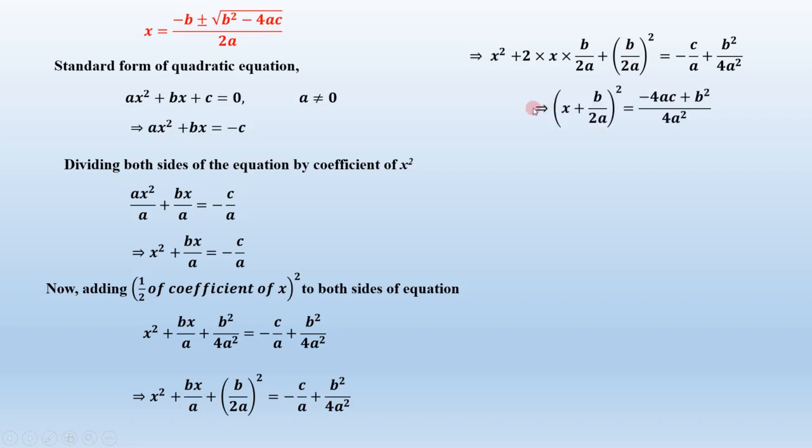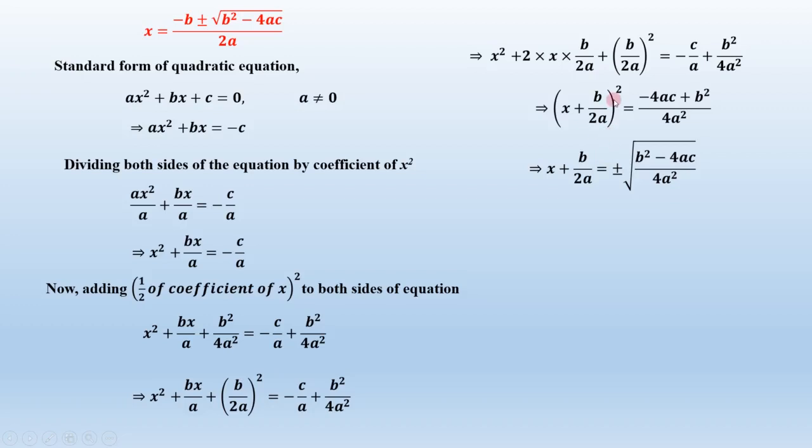It will be: x plus b over 2 times a, whole squared, which means a plus b whole squared, is equal to, now solving this right hand side, minus 4 times a times c plus b squared, whole divided by 4 times a squared. Now we know that this square will shift to the right side, and we'll have x plus b over 2 times a is equal to plus minus square root of b squared minus 4 times a times c, whole divided by 4 times a squared.